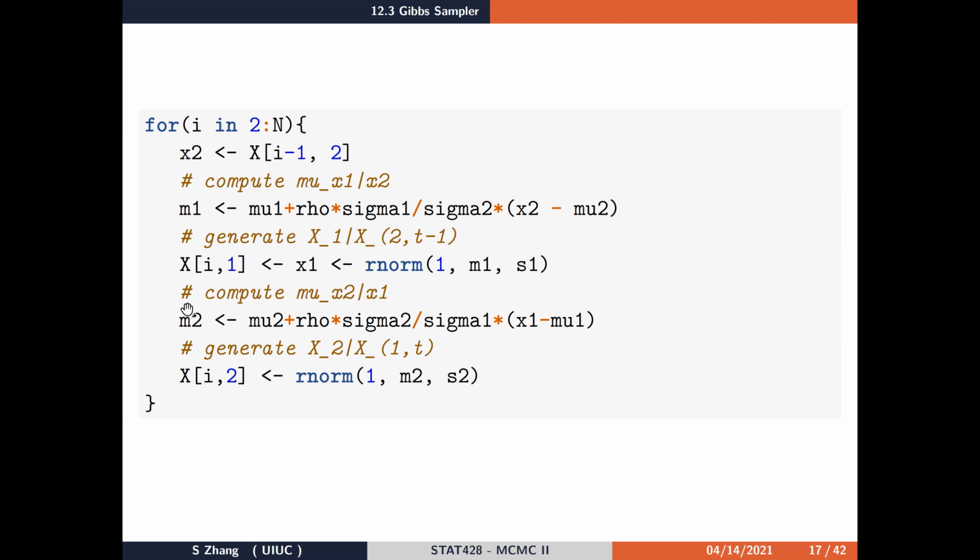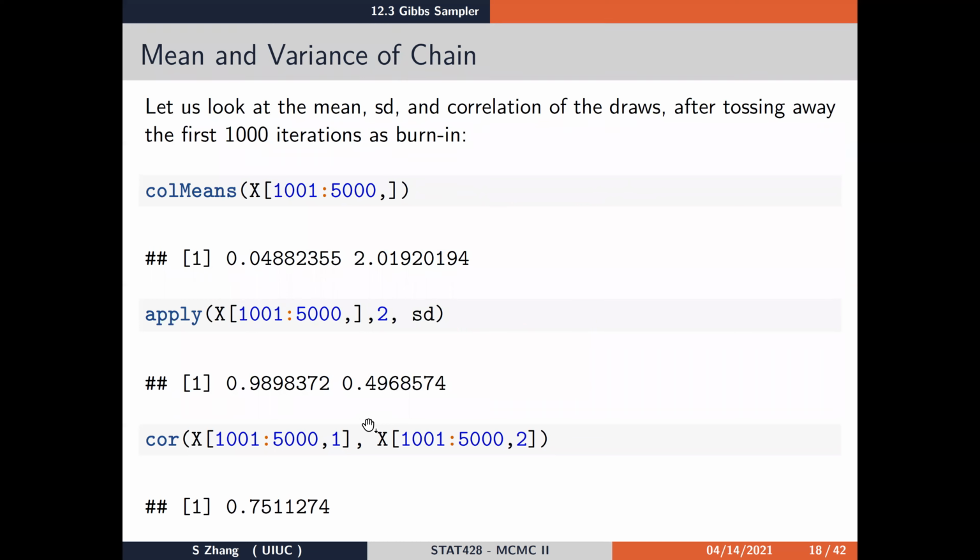And then, given this mean and the corresponding standard deviation S2, we will generate the next sample for the second dimension, given by rnorm with mean M2 and standard deviation S2. We iterate this for a total of n times. And let's take a look at the results.